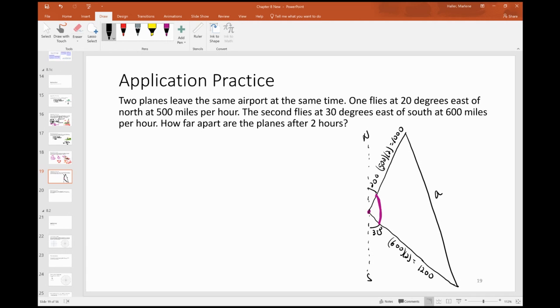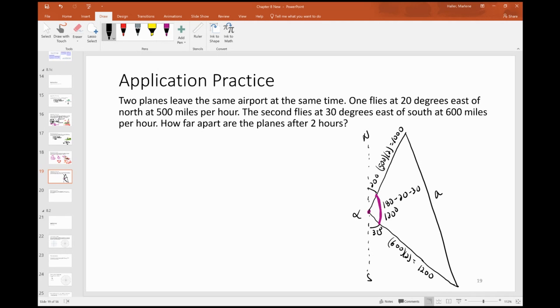Since they're supplementary, then I know that this interior angle is going to be 180 minus 20 minus 30, 180 minus 50. That's going to be a 130-degree angle.